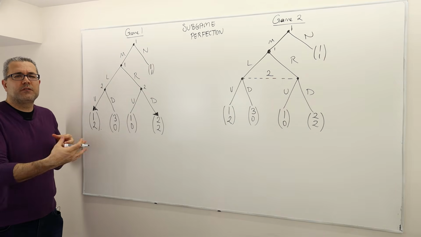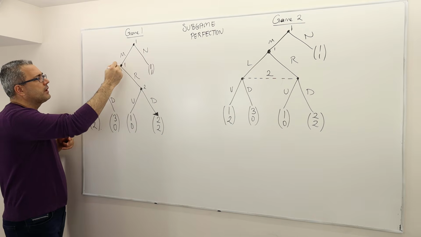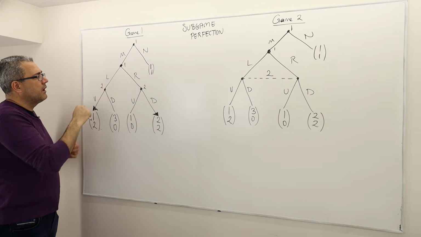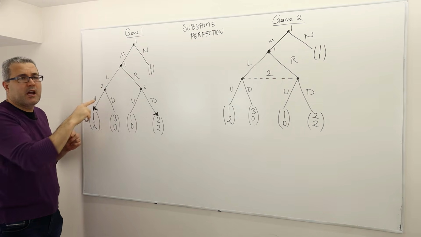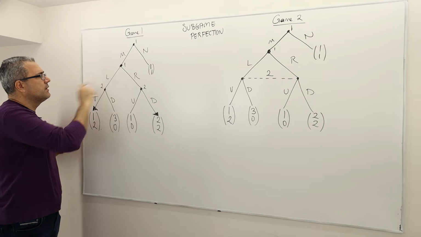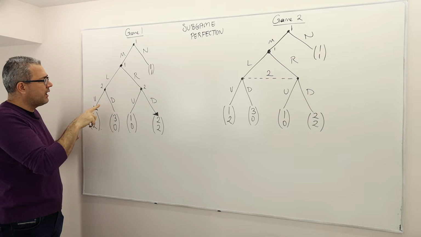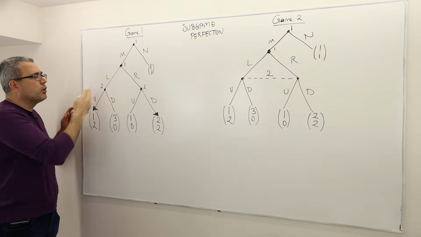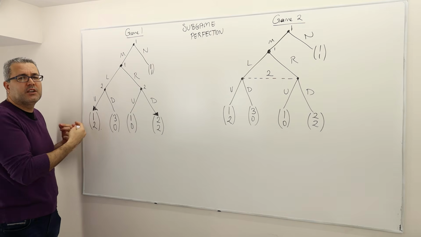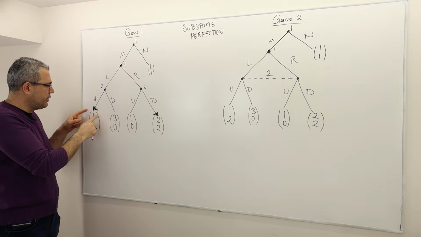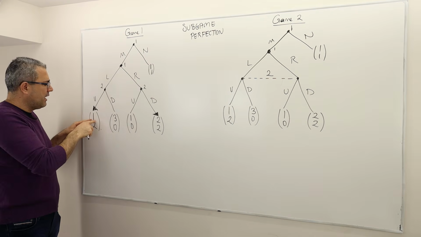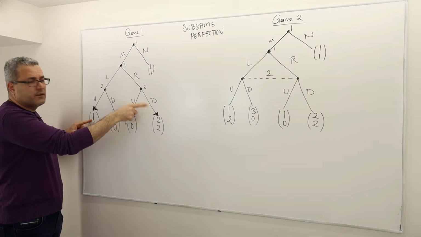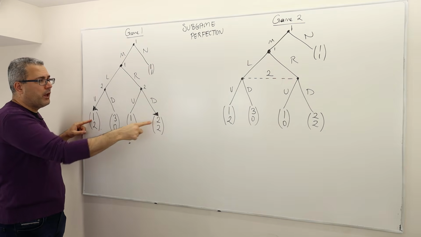Then we build upon this. This is our foundation. The first player thinks, well, I can choose left or right when the game comes to this decision node. When I choose L, I shouldn't worry about whether my opponent is going to choose U or D, because she will observe what I have chosen and she's a rational individual. I know she's going to choose U. Therefore, if I play left, I'm going to get a payoff of 1. If I choose right, just follow the arrow, I'm going to get a payoff of 2, which is better.